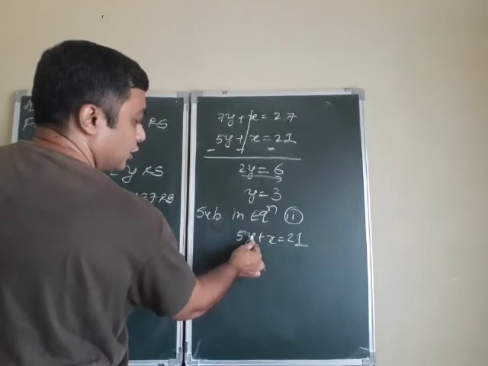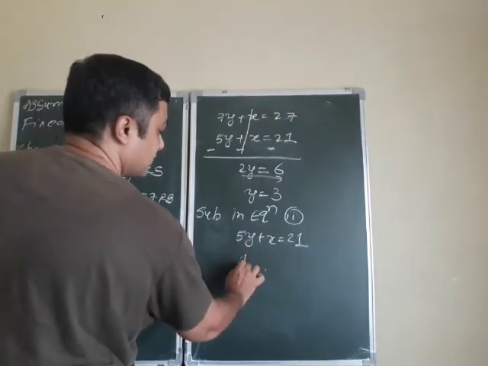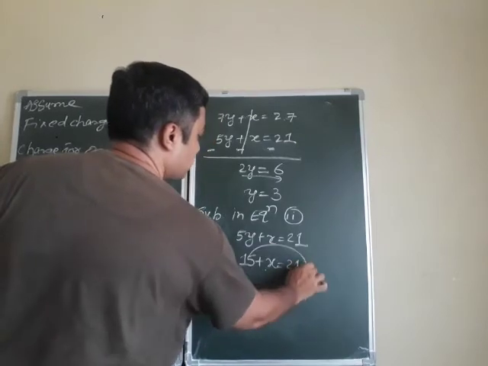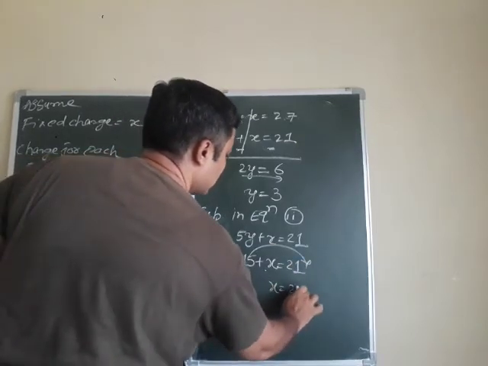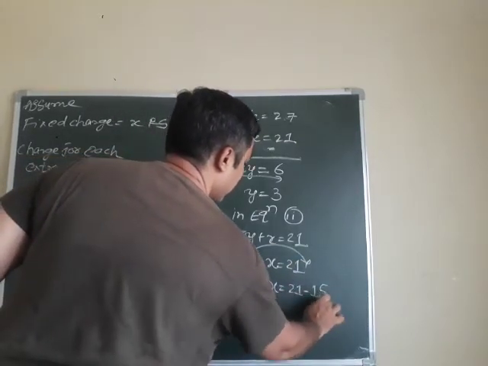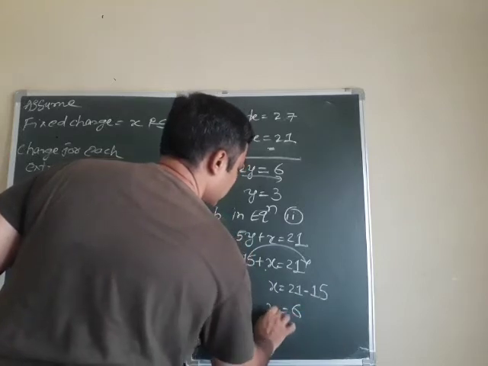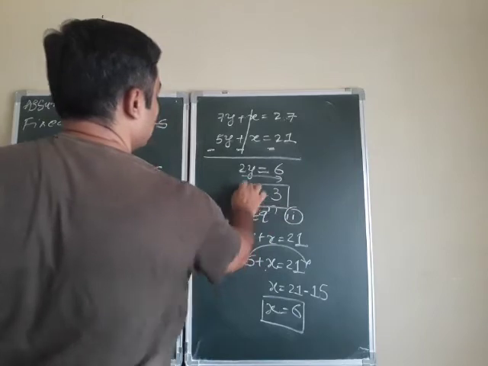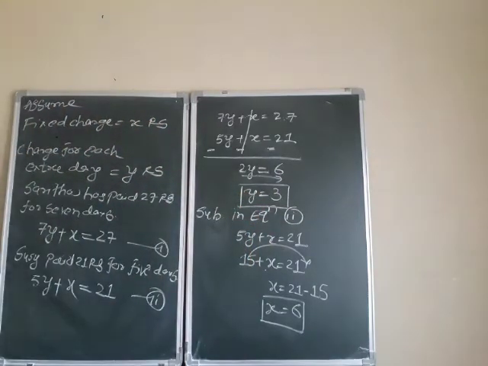So y is 3, so 3 into 5 makes 15 plus x is equal to 21. Moving 15 to the other side, x is equal to 21 minus 15, and that is equal to 6. So x is 6 and y is equal to 3. That is the solution. Please complete the example.